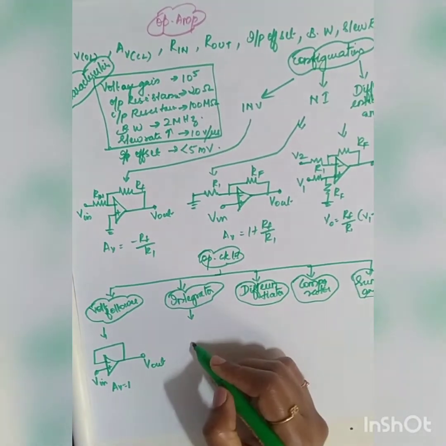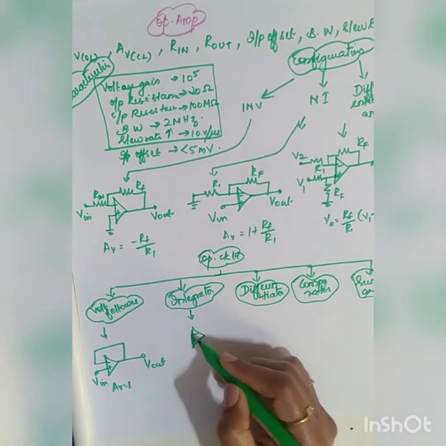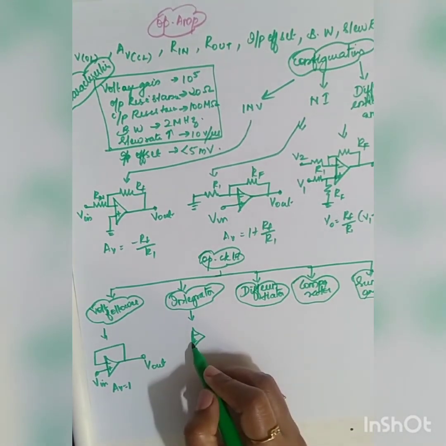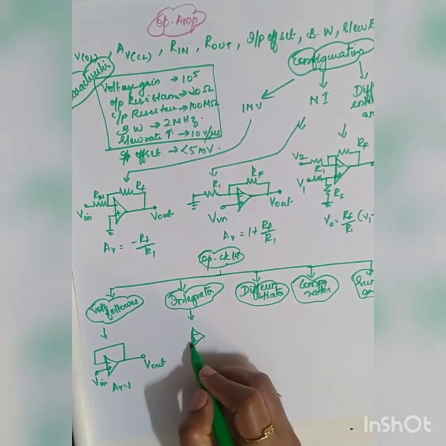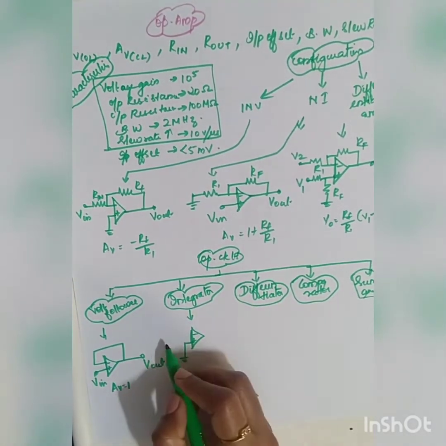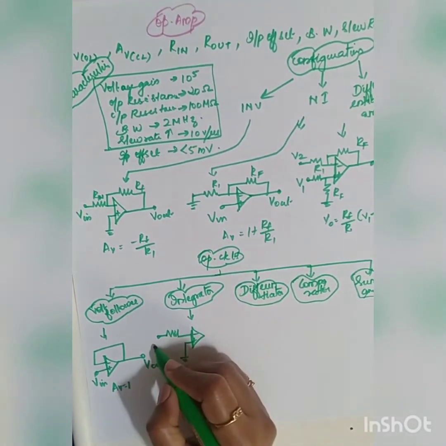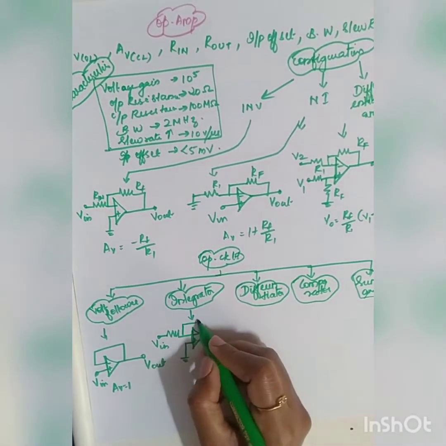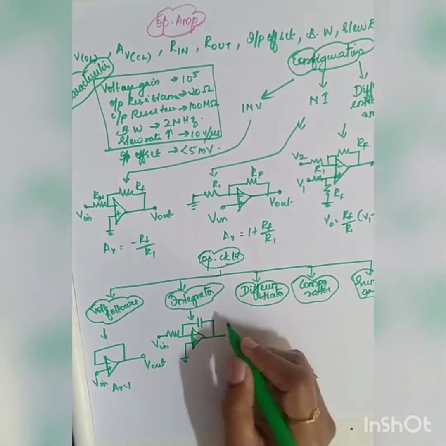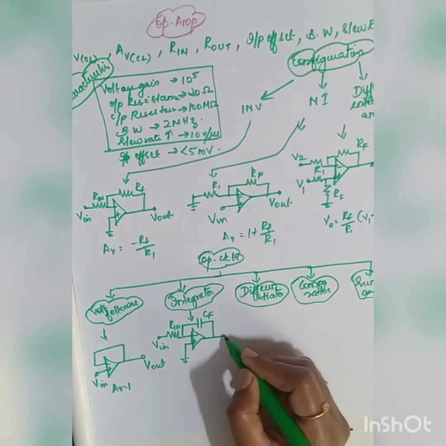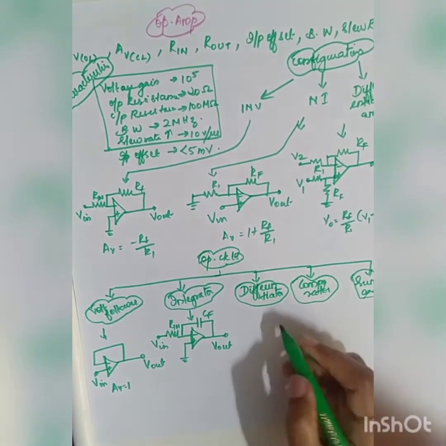Now what about your integrator? Your feedback resistor was replaced by a capacitor. The non-inverting terminal is grounded, and the input is applied across your inverting terminal. You just replace your RF by a capacitor, so this is CF and this is your RN. V out. Now what is your differentiator?